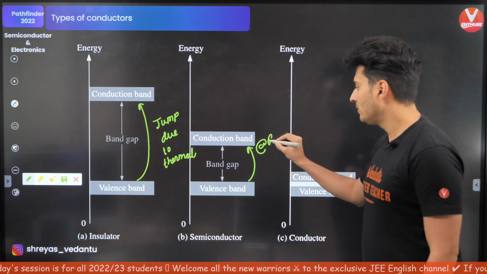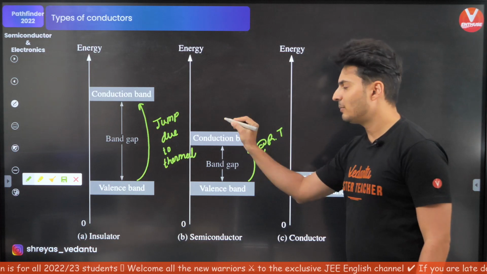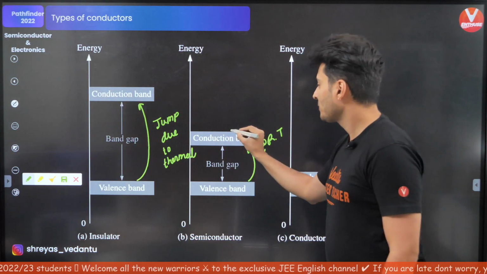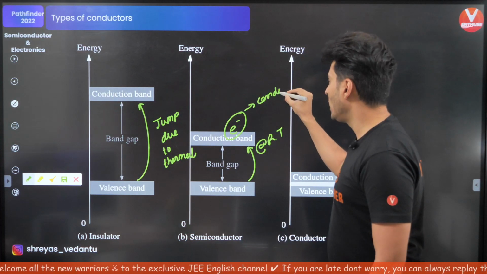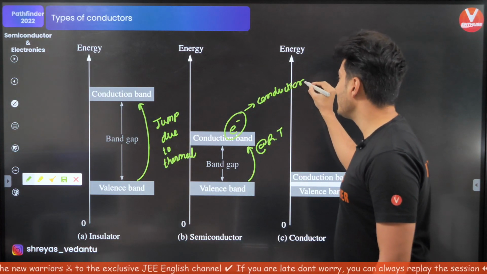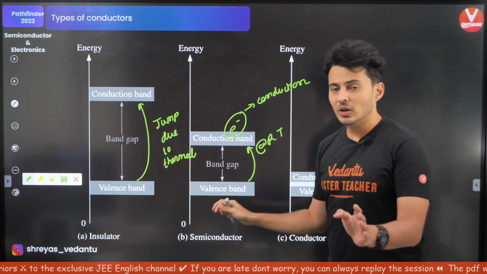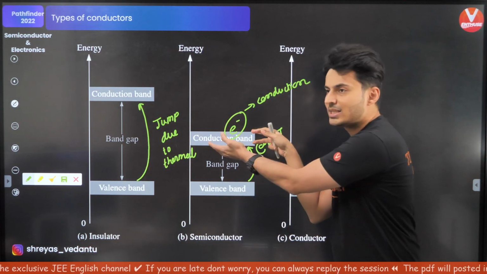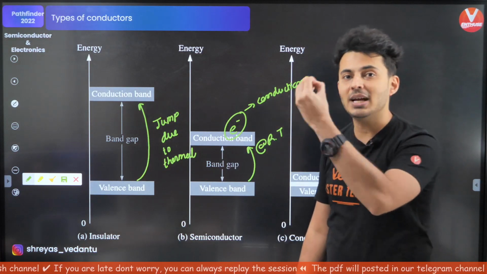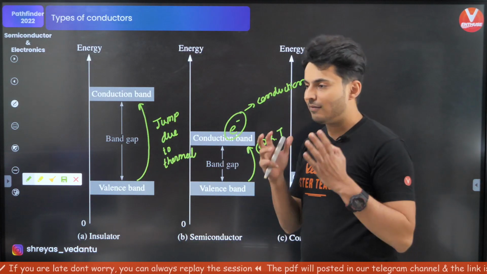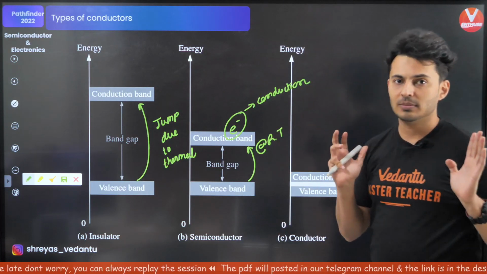At room temperature, you will see the electrons will jump over here, and these electrons are now available for conduction. That's why these are called semiconductors. Because not all the electrons will jump, few of them will jump, and those few electrons, excited by thermal energy, will be available for conduction.